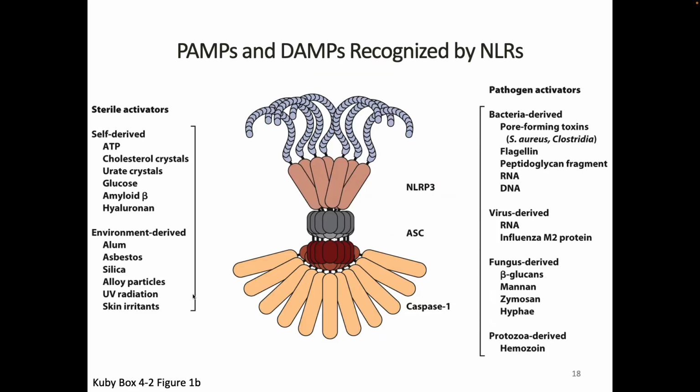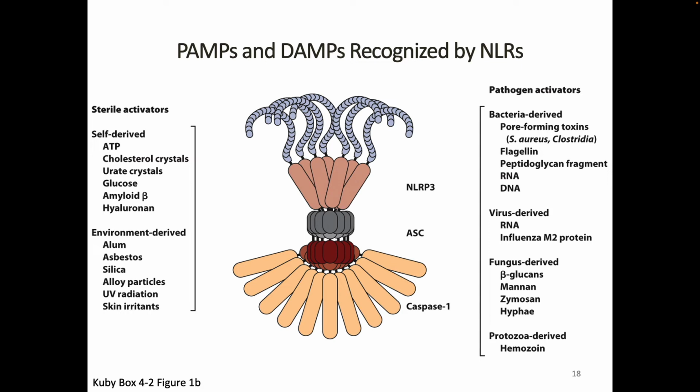So just to give you a little context, these are some things that have been shown to be recognized by different types of NLRs. In fact, most of these are recognized by this one kind of NLR, NLRP3.